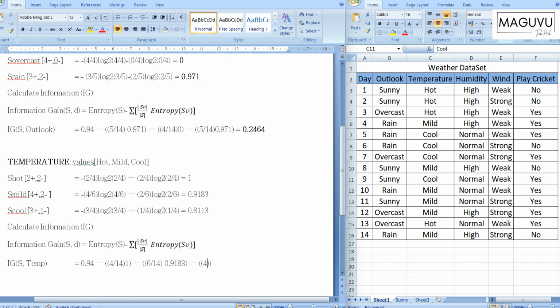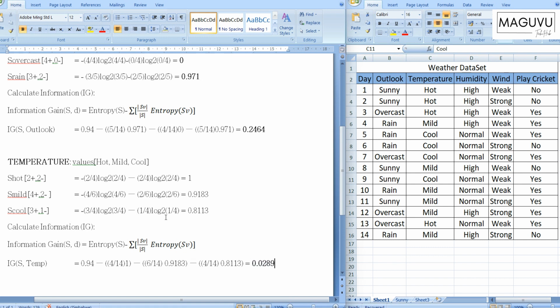So we have got 4 divided by 14, and then we multiply by its entropy that we got there, we bring it down. This should give us a value of 0.0289. So this is now our information gain on temperature when considering the whole data set.